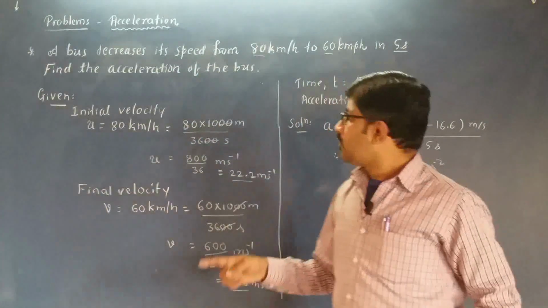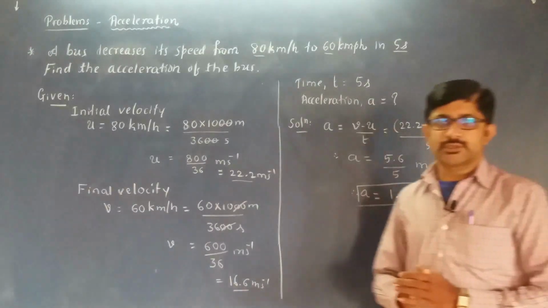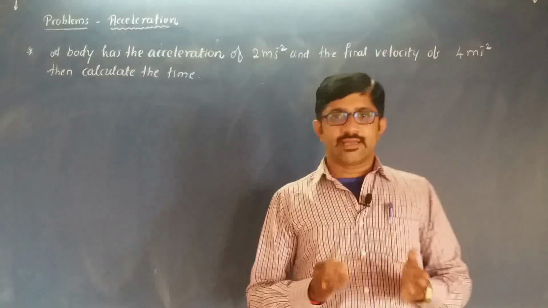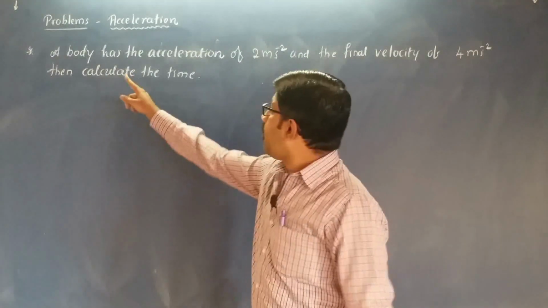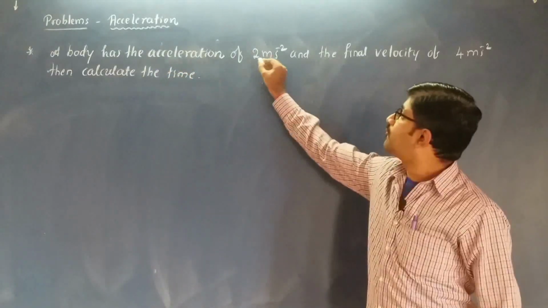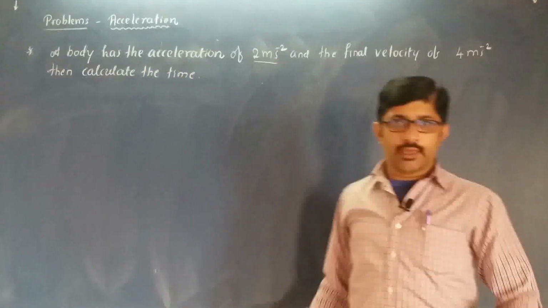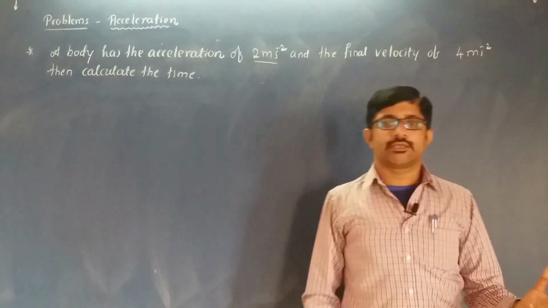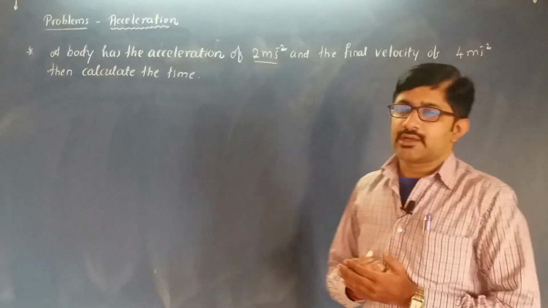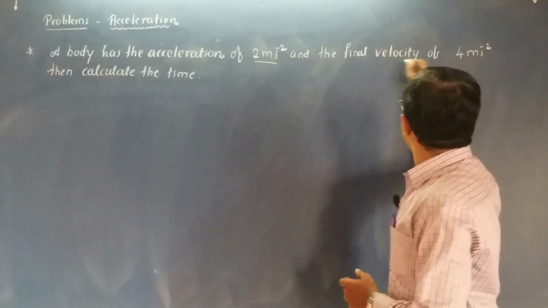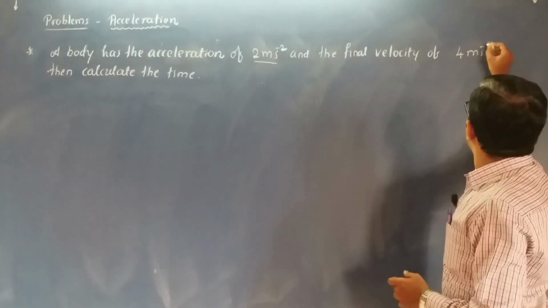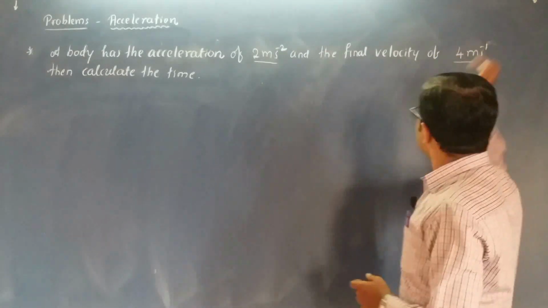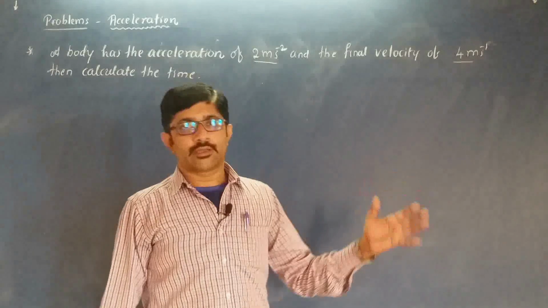I hope you followed all these steps correctly. Next problem. A body has the acceleration of 2 meter per second square and the final velocity of 4 meter per second.